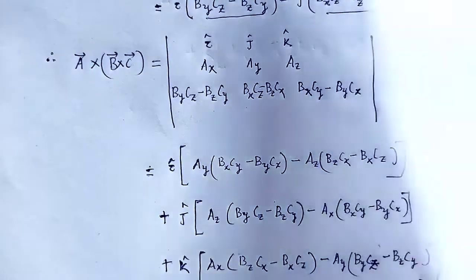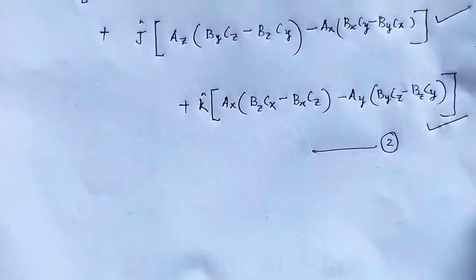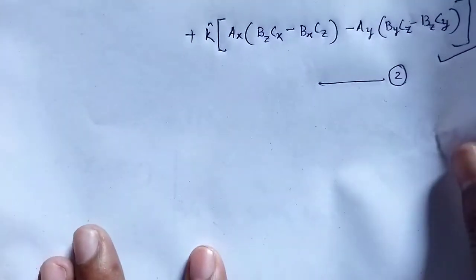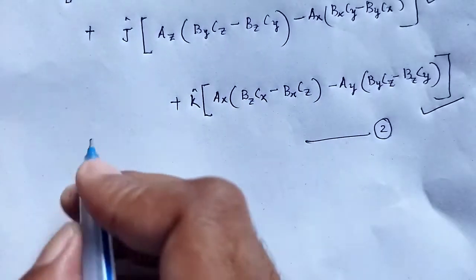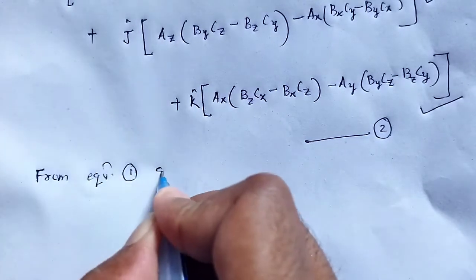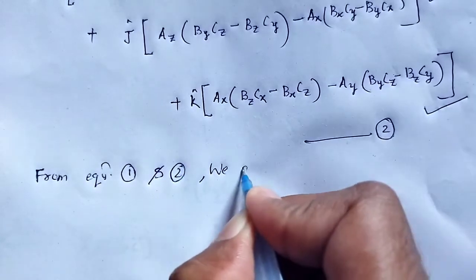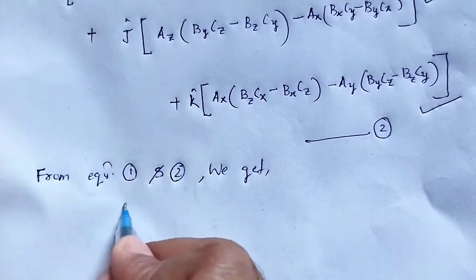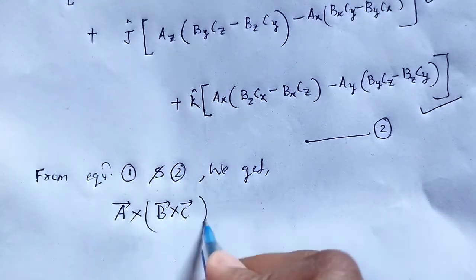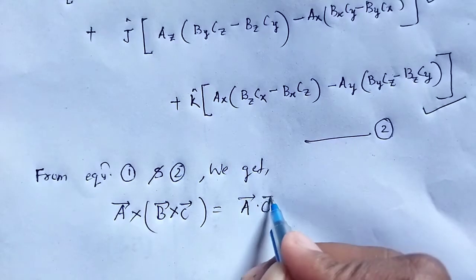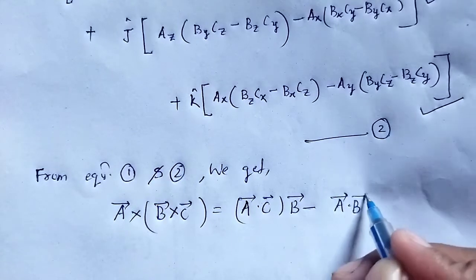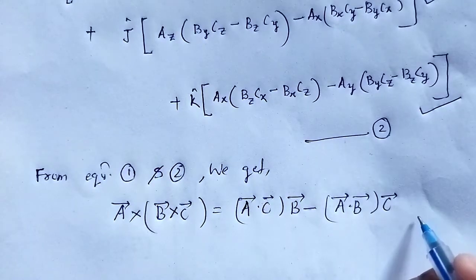So from equation 1 and 2 we get the expansion formula, that is A cross B cross C is equal to A dot C of B minus A dot B of C. That is proved.